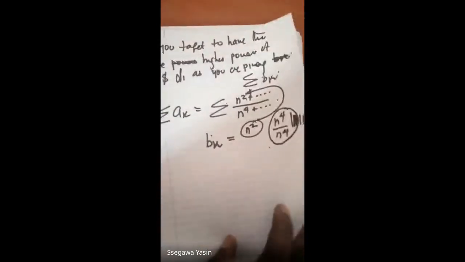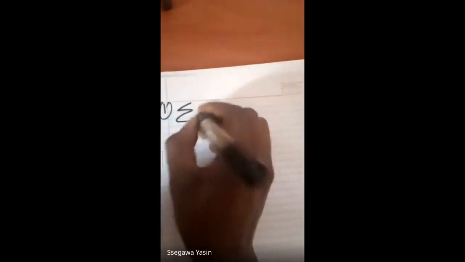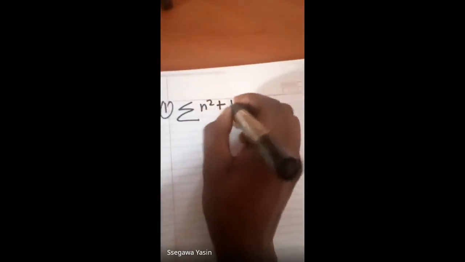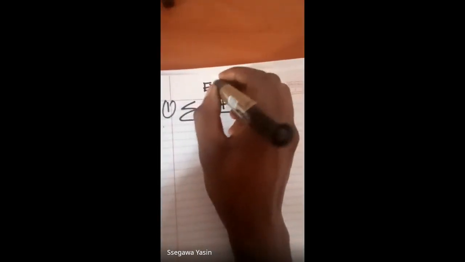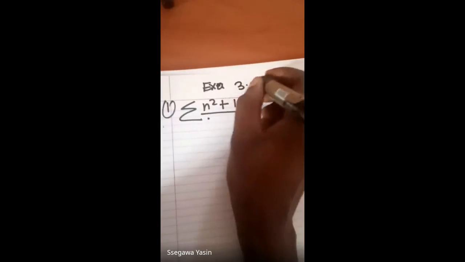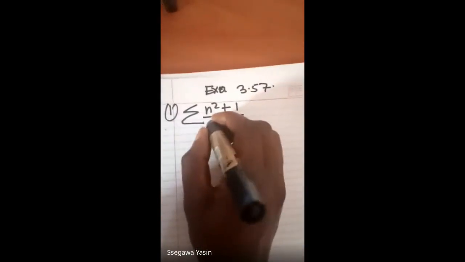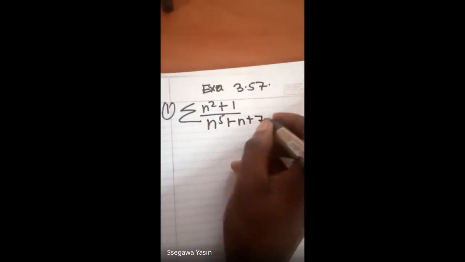Let's see it, then we move on, with an example probably, then we give an exercise, then I think we chat properly. This is example 3.57 in the handout. I have n square plus 1 over n to 5 plus n plus 7.